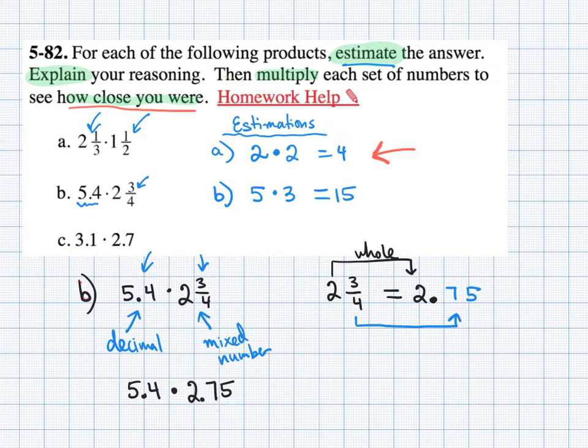Now we have a decimal times a decimal, and not only that, we have a 2-digit by 3-digit multiplication, right? So when you're doing your multiplication, if you line them up, I would write 275 times 54.